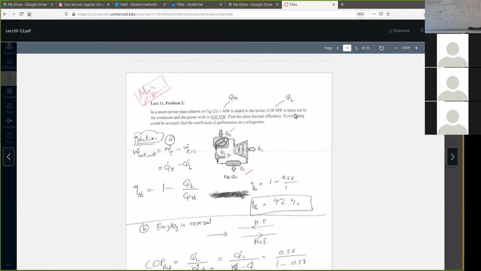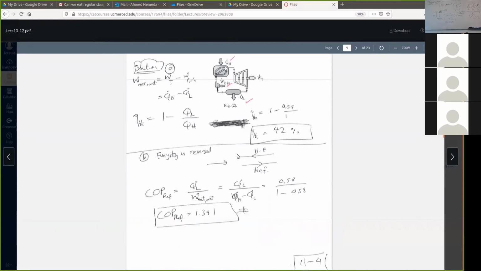But he wants everything reversed, meaning opposite direction. Everything is ideal, so find the COP of a refrigerator. One way is a heat engine, the other way is a refrigerator.